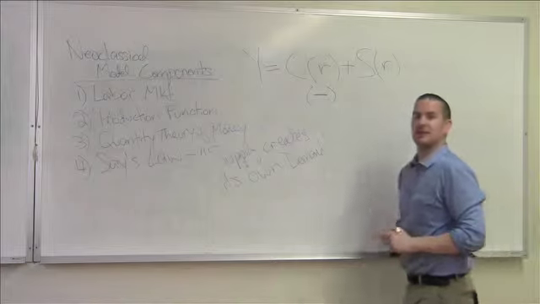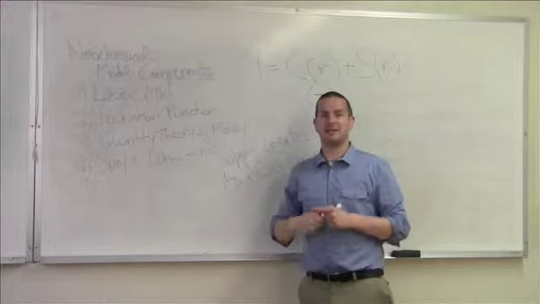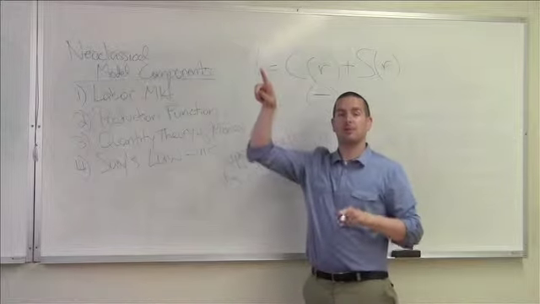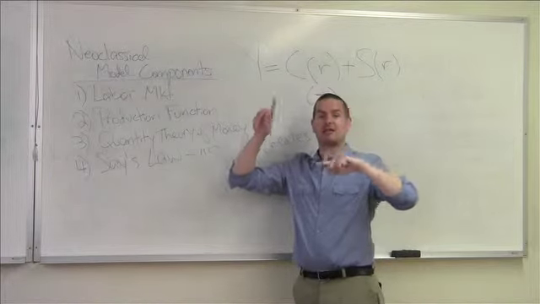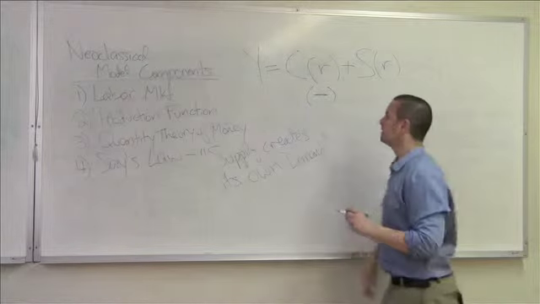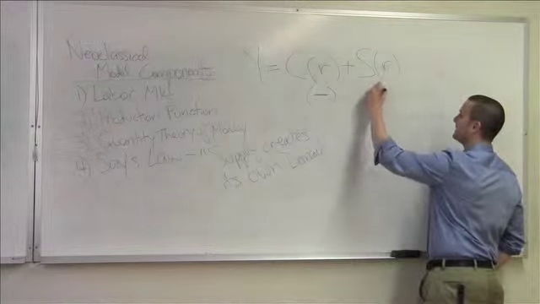Savings is positively related to the interest rate. The more the interest rate goes up, the more people will want to save. That's what Say's law tells us, it's what they believe.